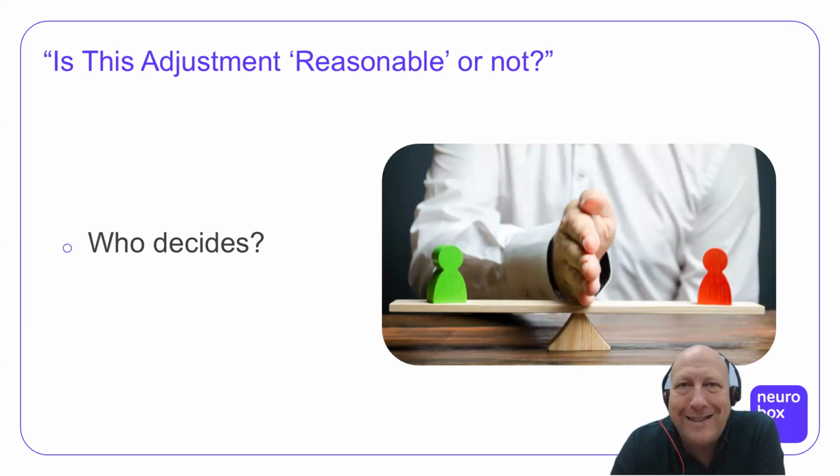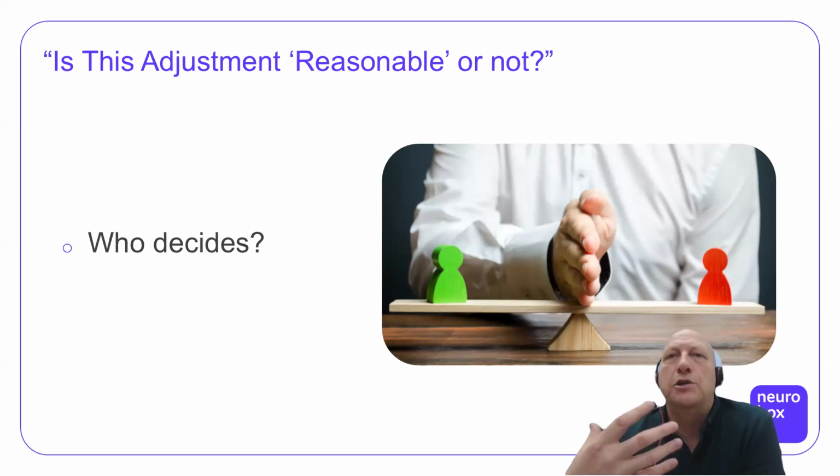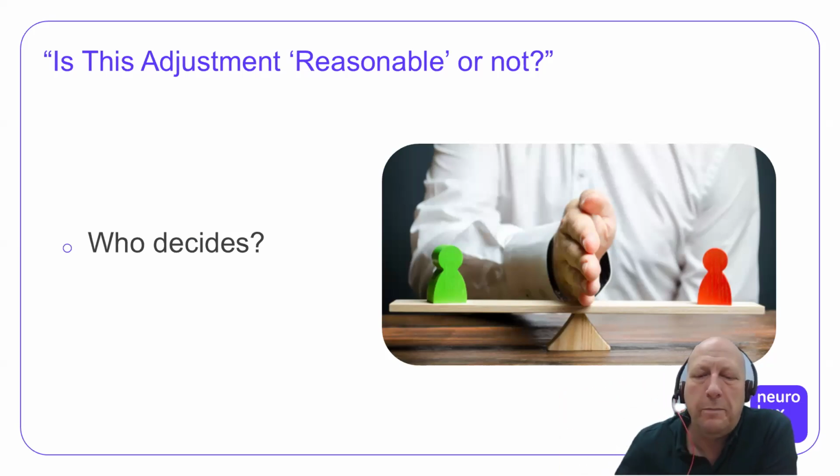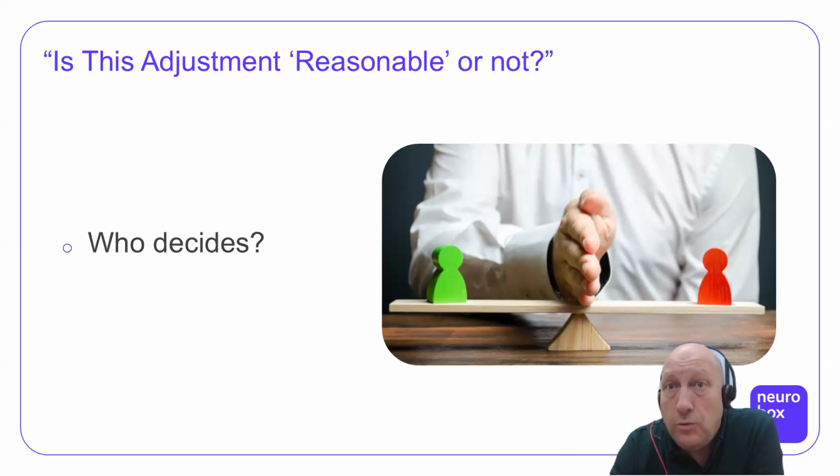And the workplace needs assessment is there to support the employer, to make sure that they are considering all the sorts of adjustments that they should be. What the workplace needs assessment won't do is tell the employer which ones of those are reasonable or not.